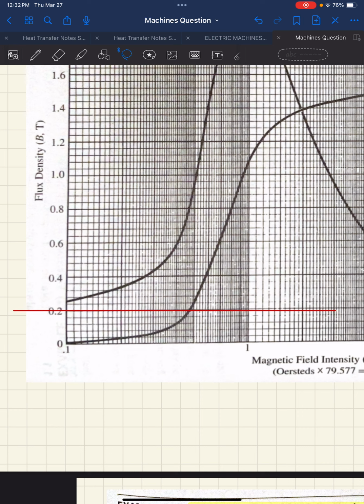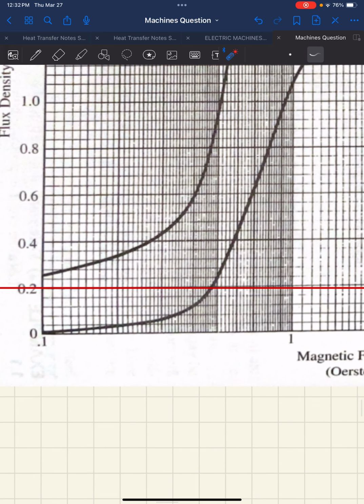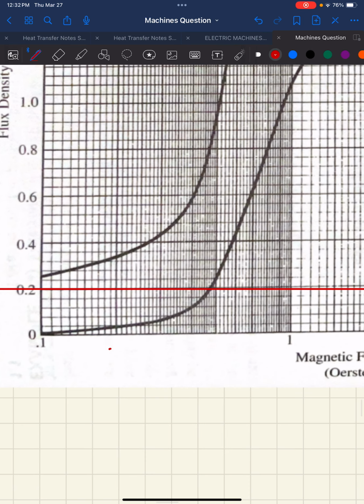This is a log plot, so we have to figure out what's going on here. Between 0.1, there's 1, 2, 3, 4, 5, 6, 7, 8, 9, 10. This becomes 0.2. You count another 10, 1, 2, 3, 4, 5, 6, 7, 8, 9, 10. This becomes 0.3 here.